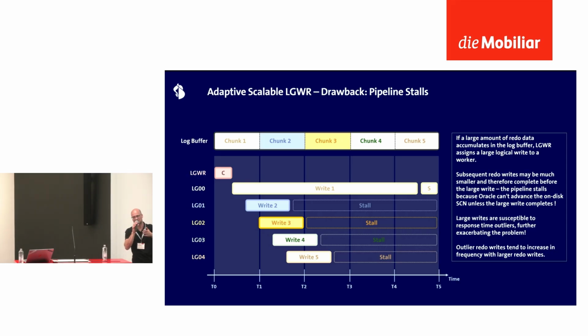That's what happens with the Exadata optimization, which measures the write size and recomputes it dynamically at runtime. But with this model, adaptive scalable log writer, it just blindly assigns the work to the writers, and very likely we often end up in a situation like that, and the pipeline stalls, reducing and restricting the possible write throughput.